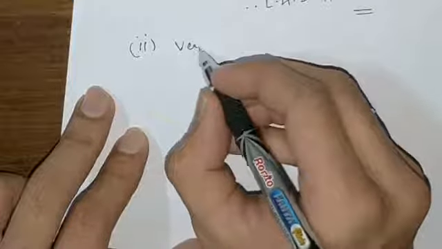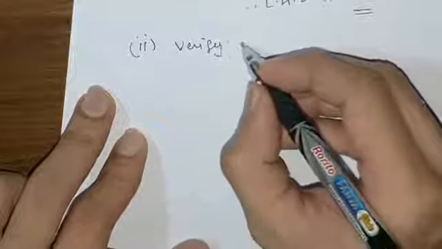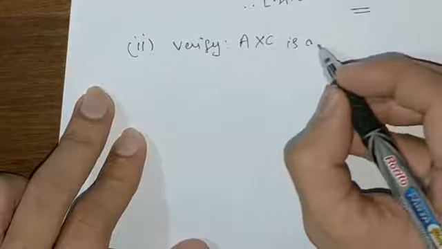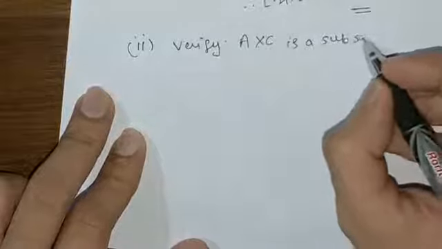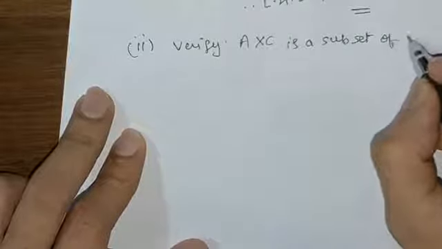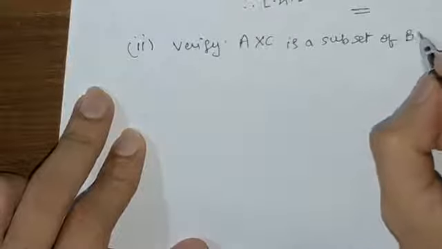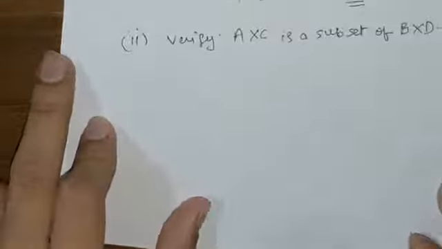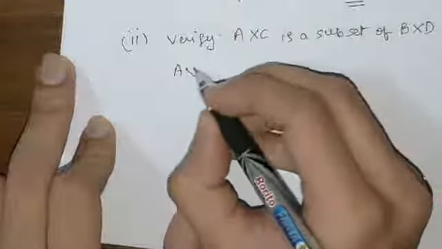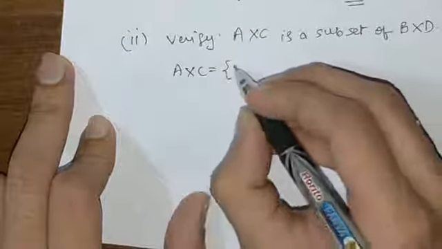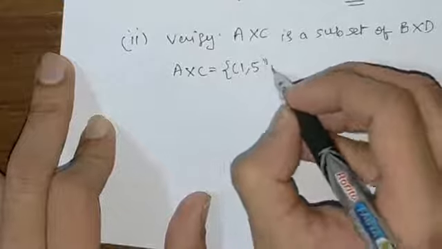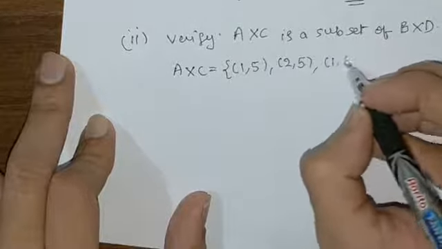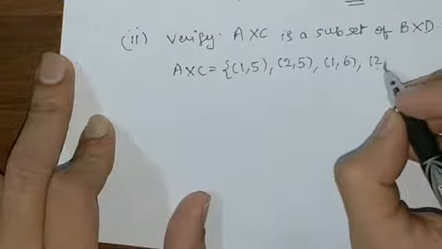We have to verify that A cross C is a subset of B cross D. A cross C is equal to set (1, 5), (2, 5), (1, 6), (2, 6).